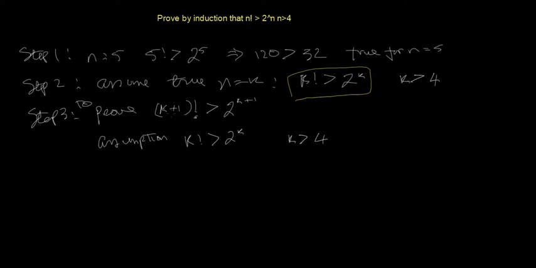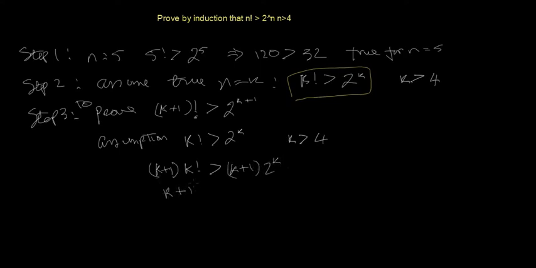So what I do is multiply by the next one up, by k plus 1. So k plus 1 times k factorial is greater than k plus 1 by 2 to the power of k.